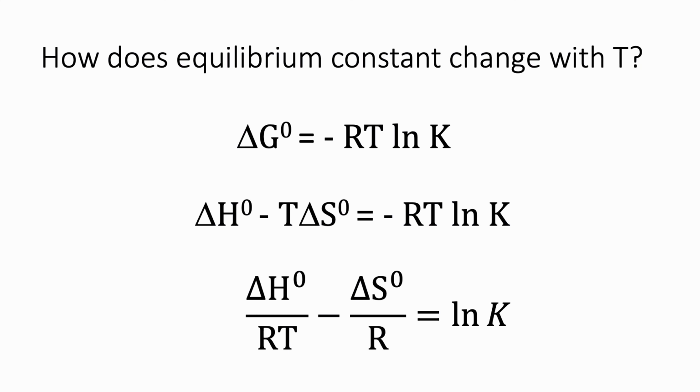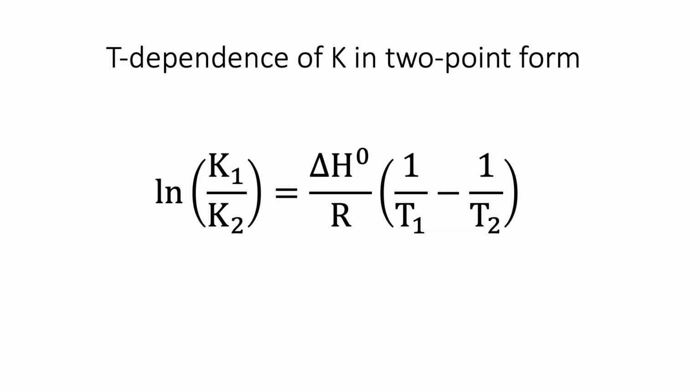As we have done with other things in the past, we can turn this relationship into a two-point form. So if you know the equilibrium constant at one temperature, you can also find it at any other temperature. And that two-point form looks like this. And so this is going to work exactly like the Clausius-Clapeyron equation, the Arrhenius equation, etc. The differences are as follows.